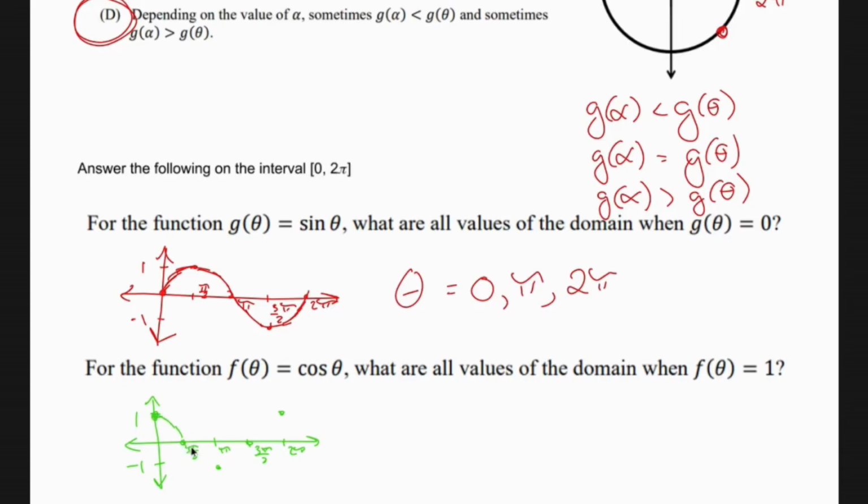We care about when it hits 1. Well, it hits 1 at 2 spots, here and there. So on the interval, it hits 1 at theta equals 0 and theta equals 2 pi.